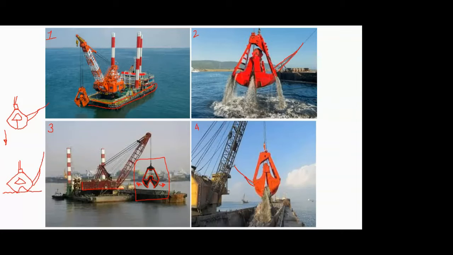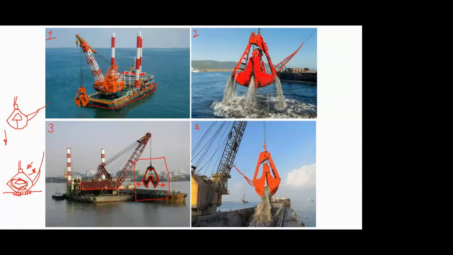Now once you open it, you have to close it again. So you open it, then again you close it, and while closing, it will scrape out all the material which is in contact with that face of the bucket. Okay, and then it will collect all that material into this space which is there inside.